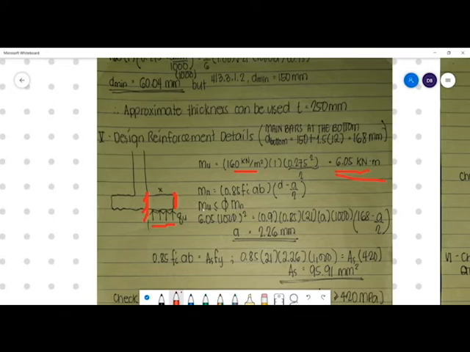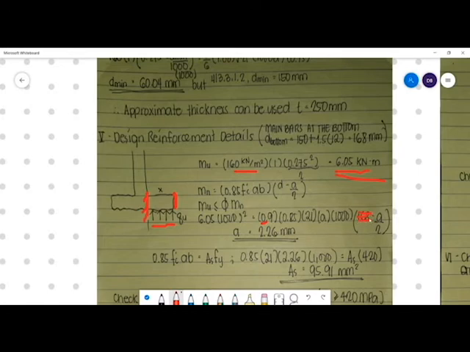Mu is less than or equal to phi times Mn. 6.05 multiplied by 1,000 squared is equal to 0.9, because it is tension controlled, times 0.85 times 21 times 8 multiplied by 1,000 multiplied by d minus a over 2. So the depth, we should modify this one.